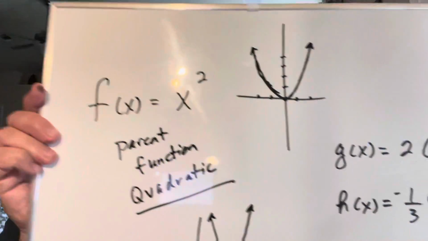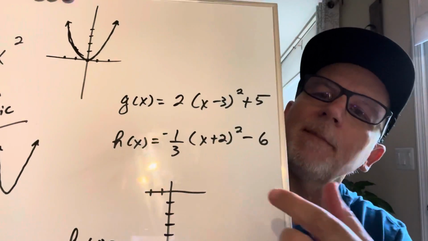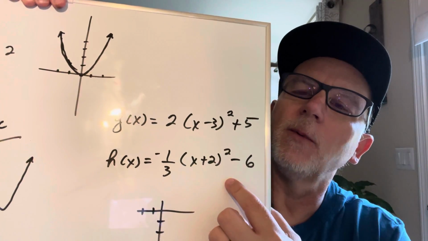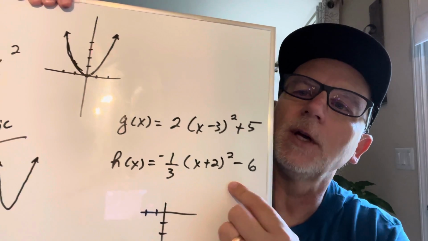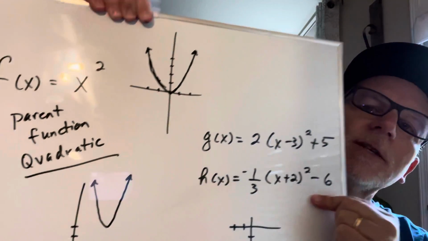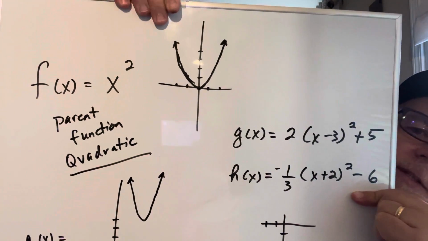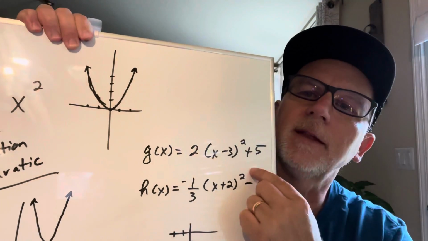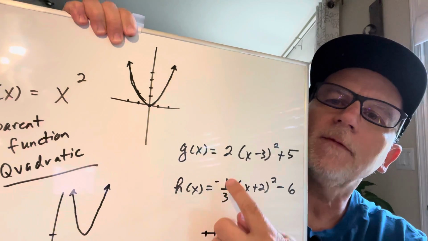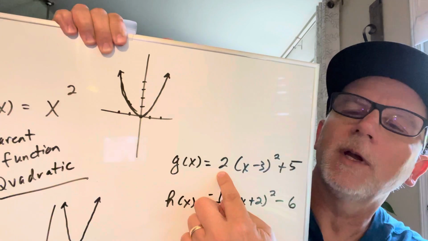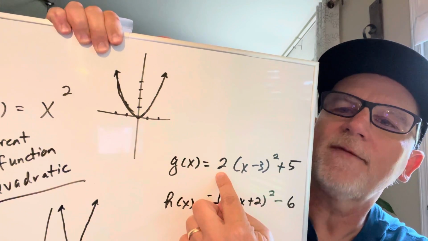So the question is then, what happens when you have these babies over here where something else is going on? So there's the parent function, f of x equals x squared, and this is what the graph looks like here. So let's talk about these. Well, first of all, the fact that you have a number out here, we call that a vertical stretch by a factor of 2.